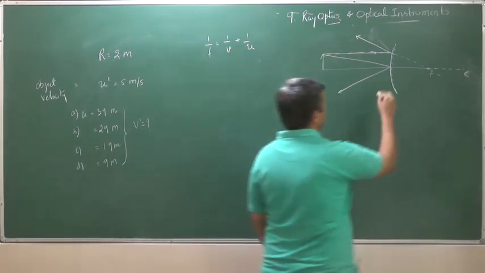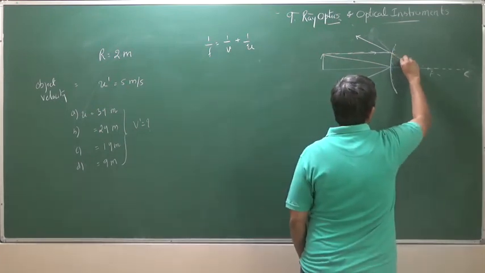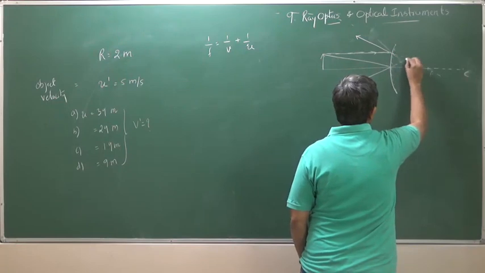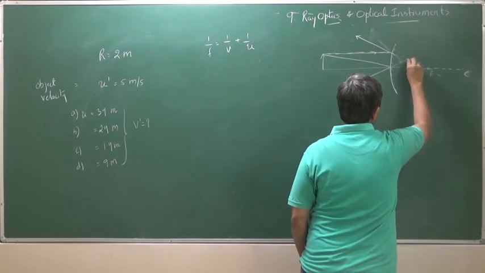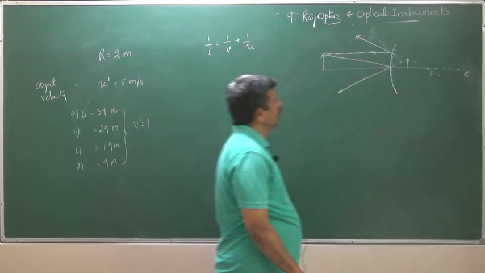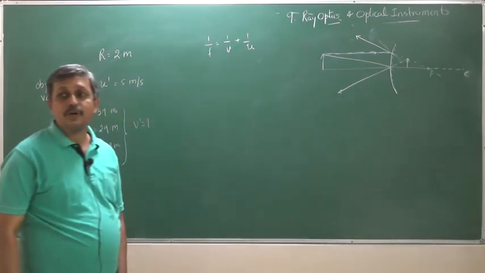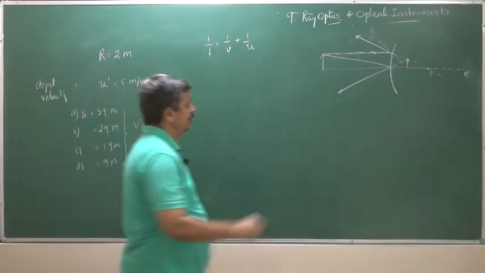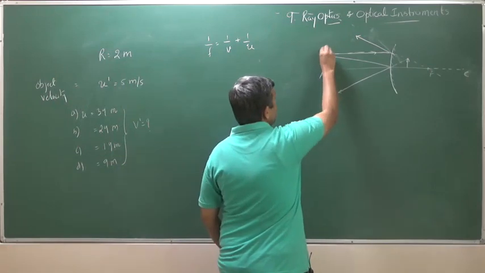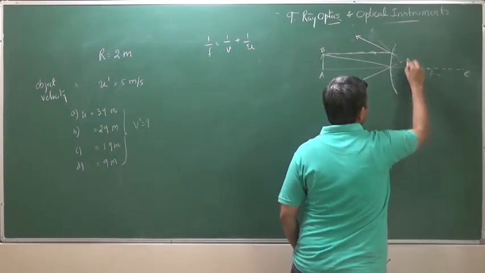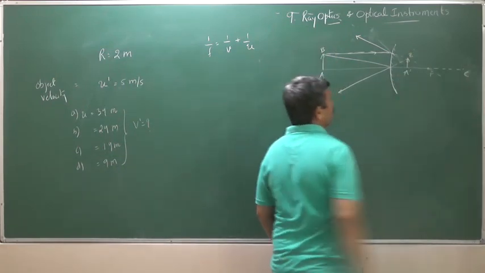And if you project these two backward like this, the image forms here. You can see that the image is smaller. So, if this is AB, this is A dash B dash, and it is erect and virtual.